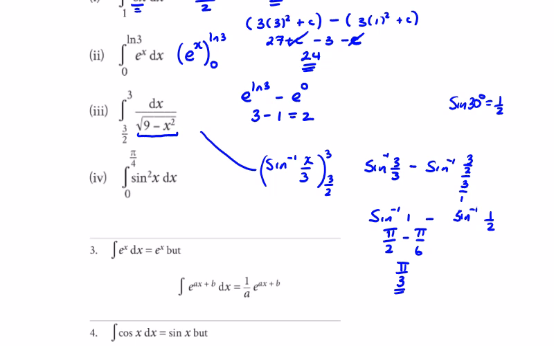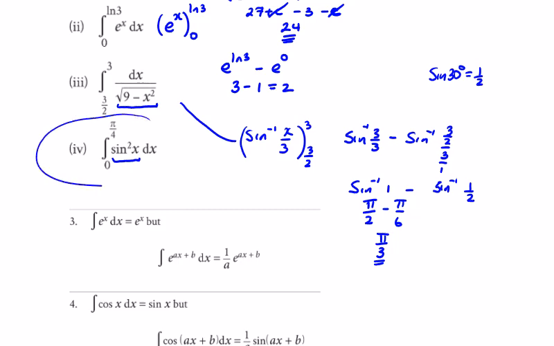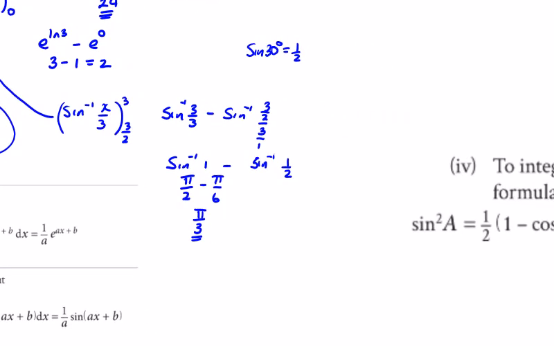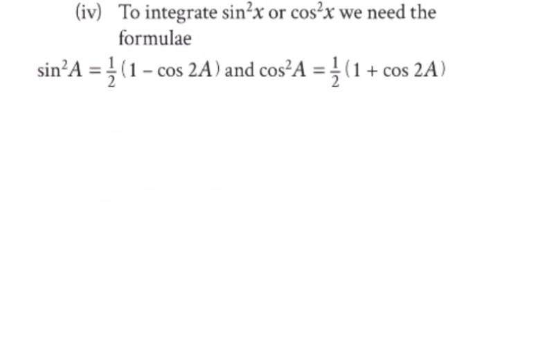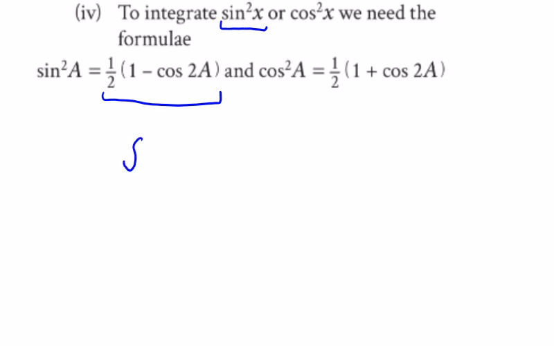For number 3, then we have sine x squared dx. So for sine squared x or cos squared x, we need to go to the formula booklet. Sine squared x is equal to this. So we're integrating a half, which we can actually factor out and put in here, times 1 minus cos 2x.